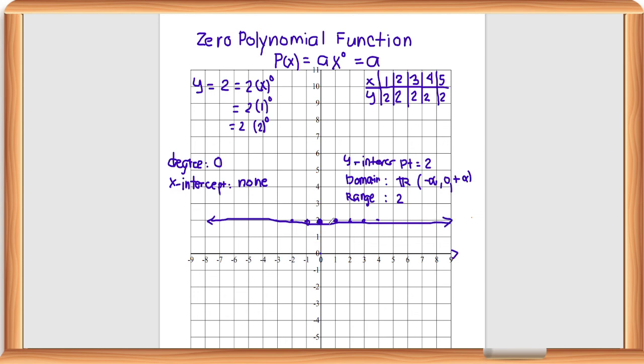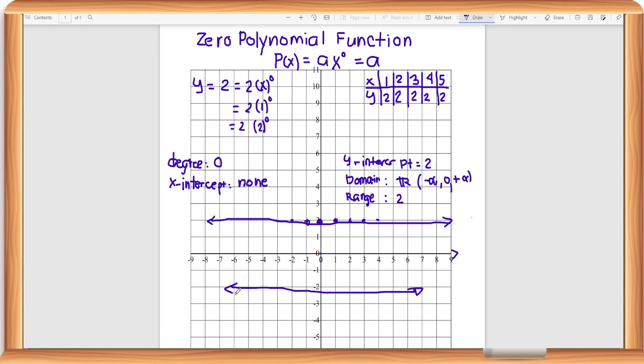So, they are both going opposite each other. And then, how about the sketch? It is just like that. It is parallel to the x-axis. This is what its sketch will look like. So, I hope this video helps you. Up next, I'm going to show you the graph of a linear function.